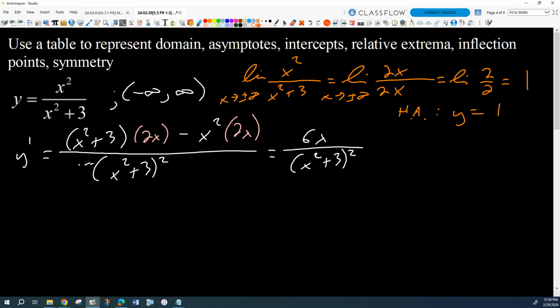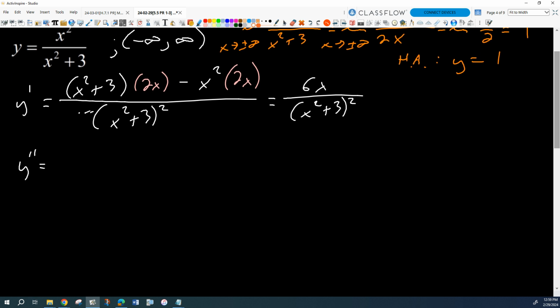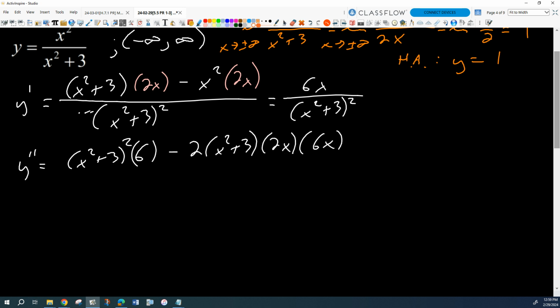Okay, let's calculate a second derivative. We can do quotient rule again. The bottom times 6 minus 2 times the quantity x squared plus 3 times 2x times 6x over the quantity x squared plus 3 to the 4.